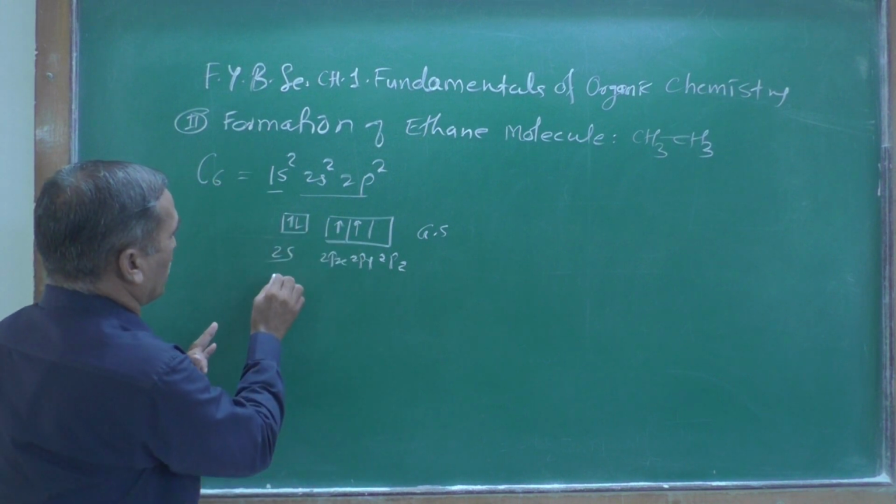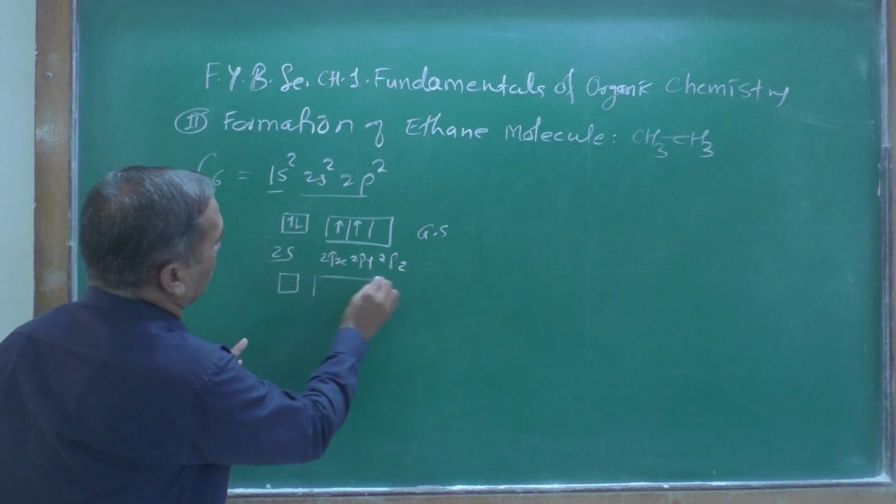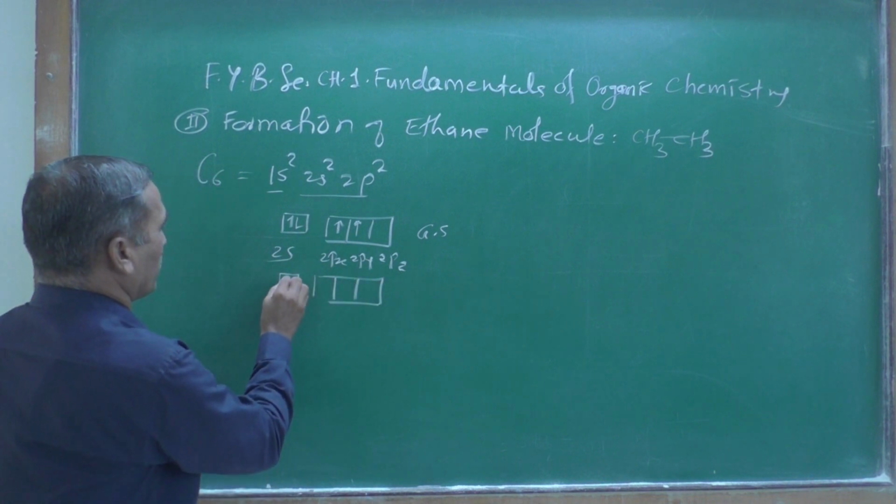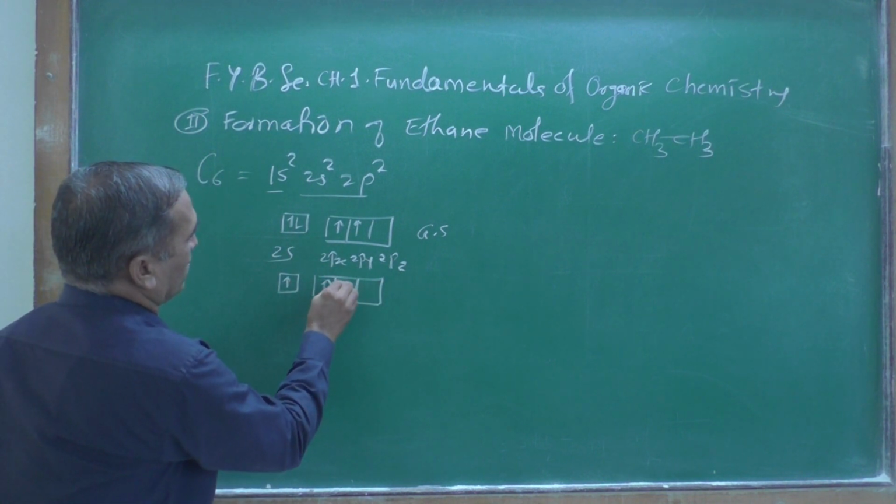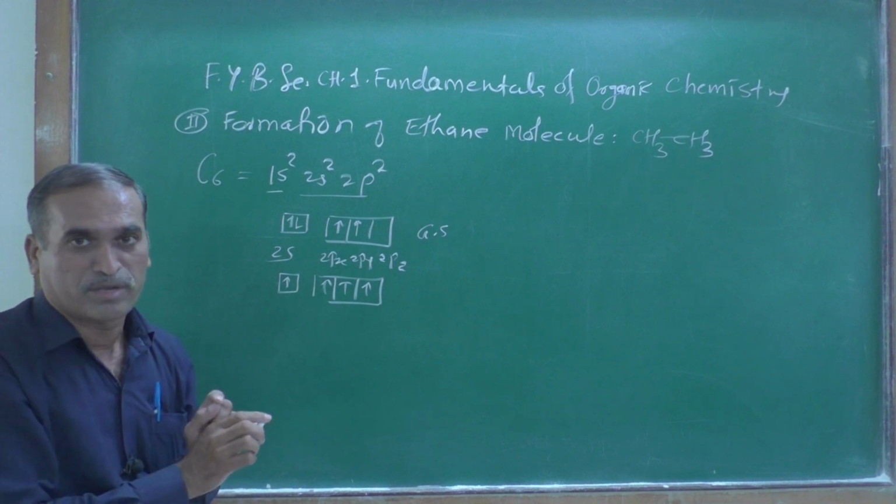That's why 1 electron is promoted from the 2s orbital to the 2p orbital, and therefore, look here, we get 4 unpaired electrons.